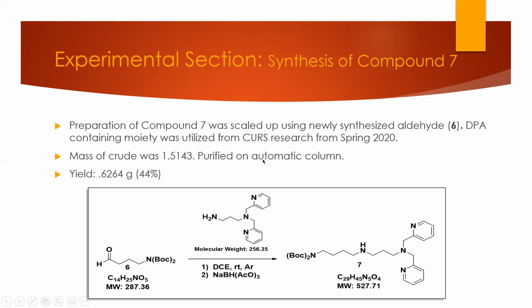We had to do 2 purifications just because of the amount. With the size of the columns that we run, the max is around 800 milligrams. Overall, it yielded 0.6264 grams with a 44% yield. That was relatively increased over the small scale reaction.